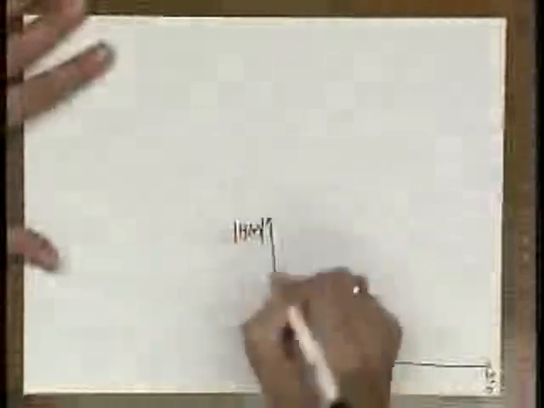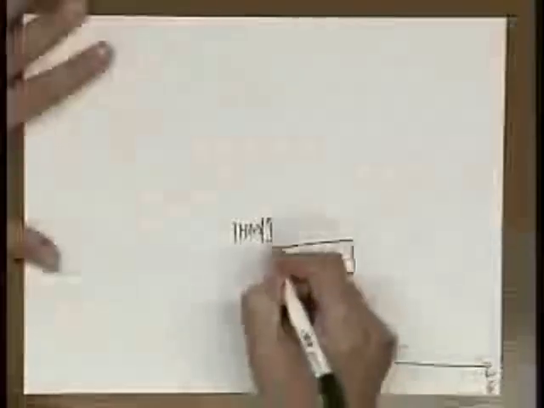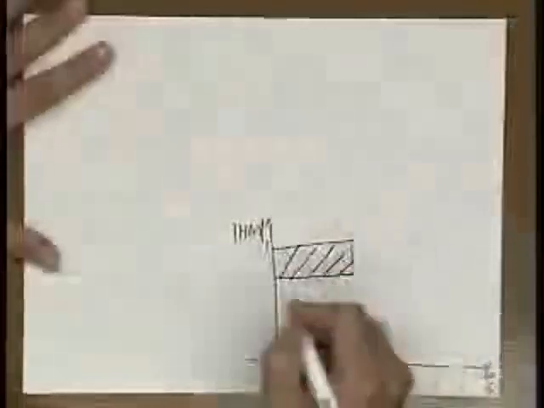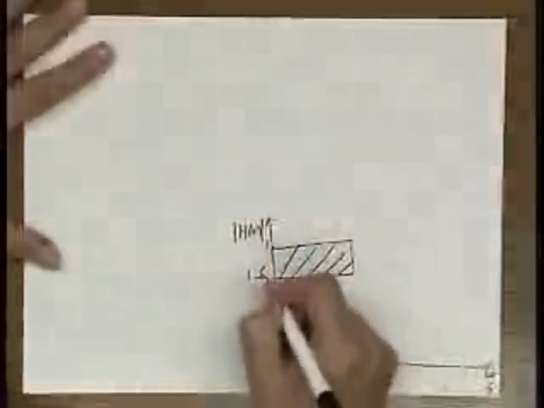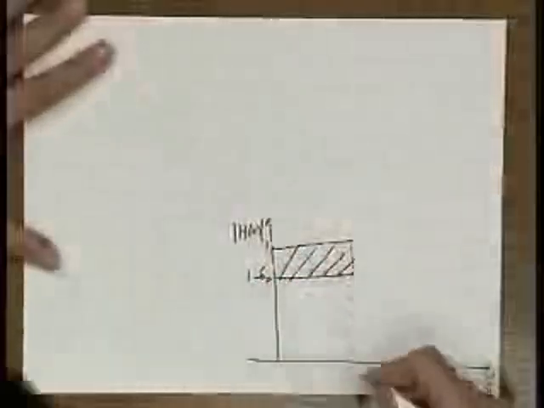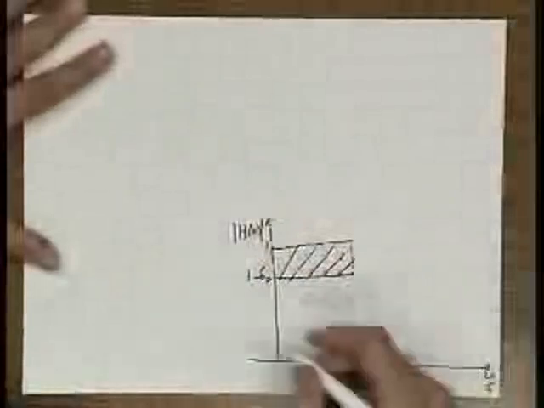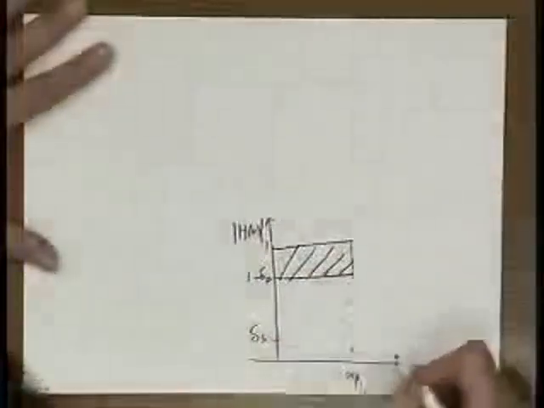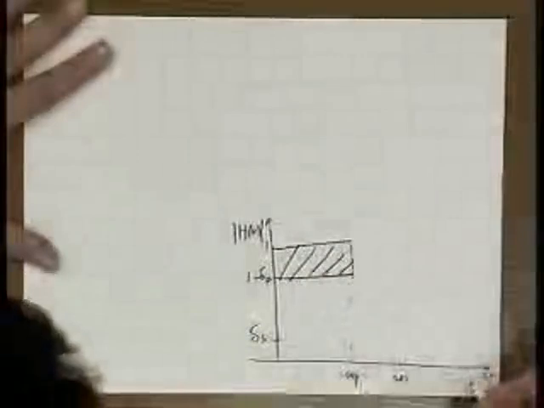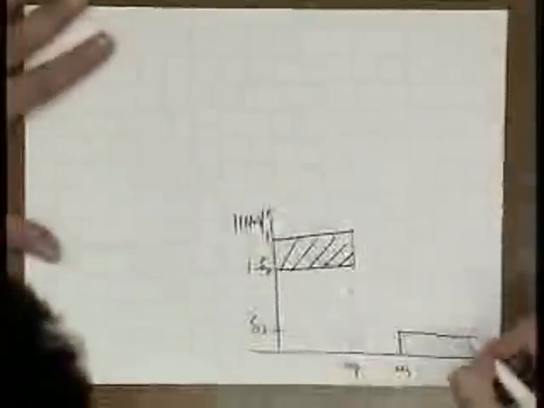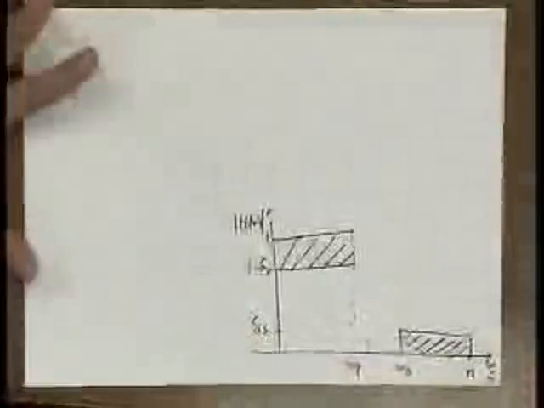It says, look, I want you to design an H of omega that has ripple between 1 and 1 minus delta p in the pass band, and it has ripple of delta s in the stop band, and this is pi, and that's it. That's my specs in the discrete time domain.